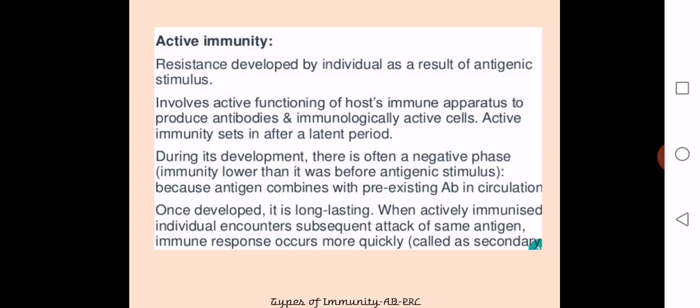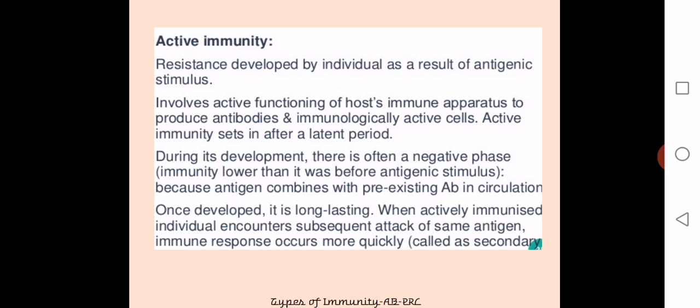So there is resistance developed by an individual, usually against an antigenic stimulus. All right, and there will be production of antibodies and other immunological cell activation, and they ultimately resist the foreign substances.